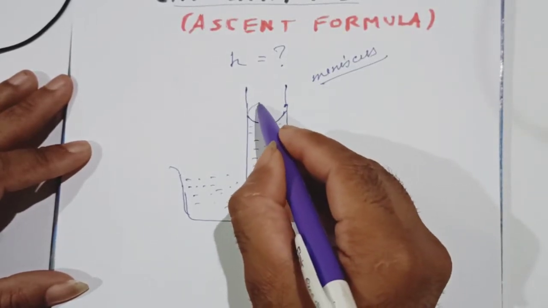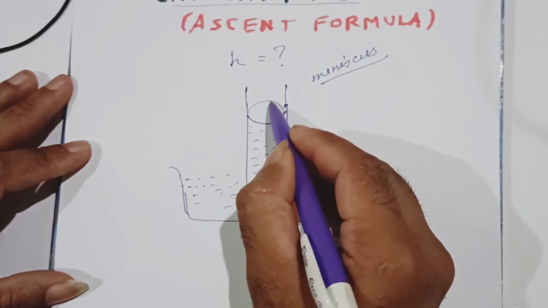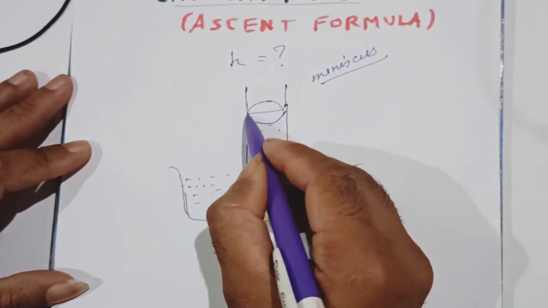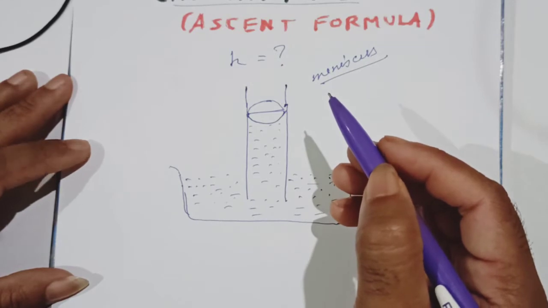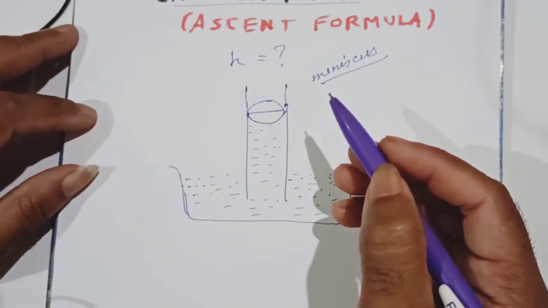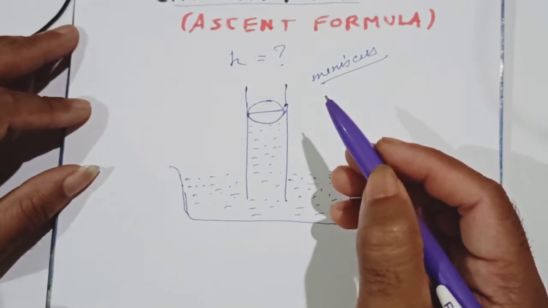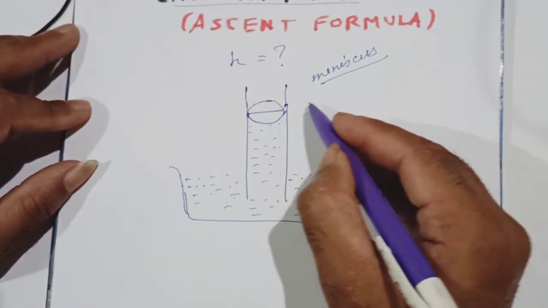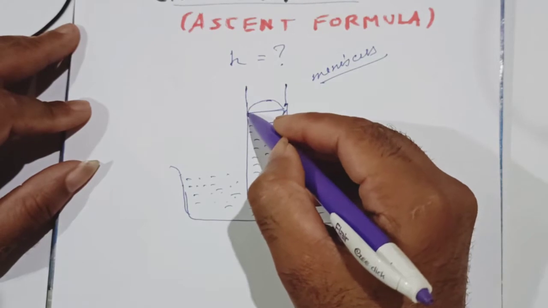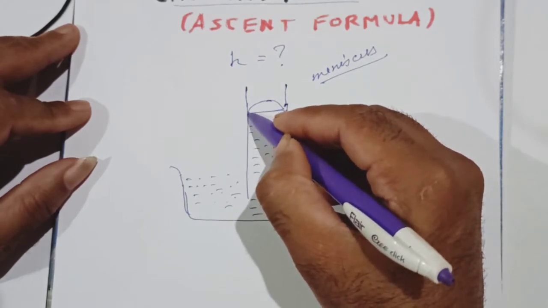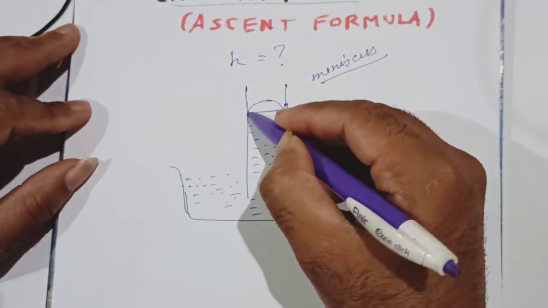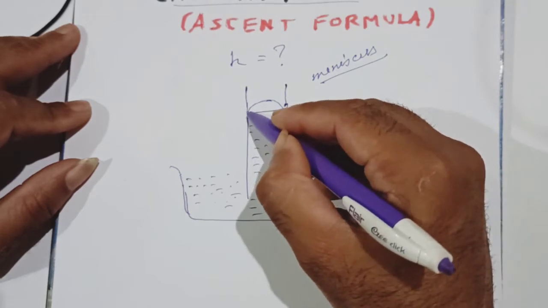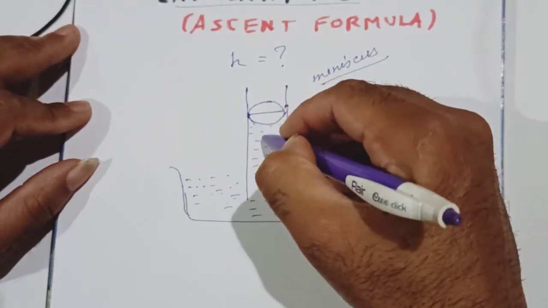We shall draw it like a circle. This is a round meniscus, and this is due to surface tension of the liquid. Force T will act, and force T per unit length acts along the tangent to the meniscus. Let us draw like this.